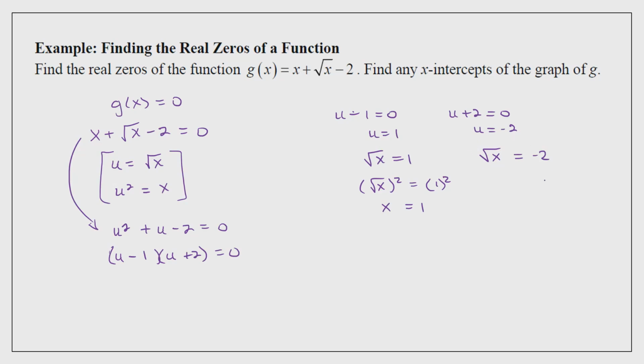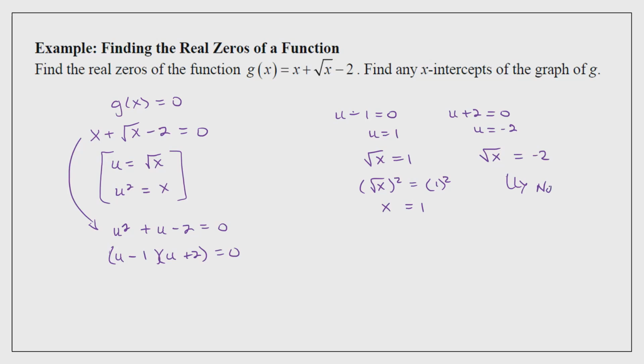You would think that you could just square both sides, but we have to look at this equation a little closer. The square root of x equals -2. Well, the square root of any real number is never negative. It's always positive. So this equation gives us an imaginary value. So there is no real solution for this equation.